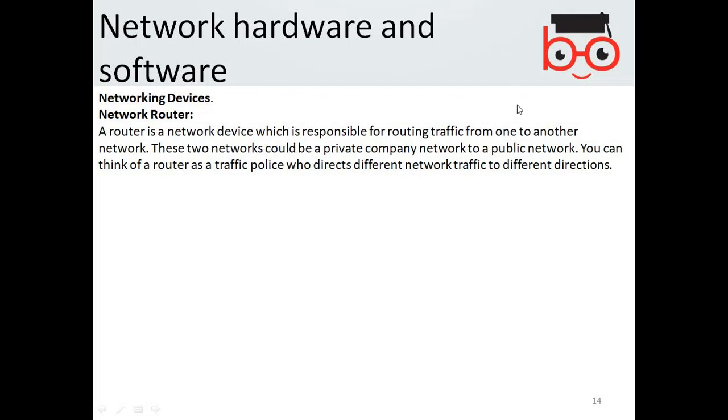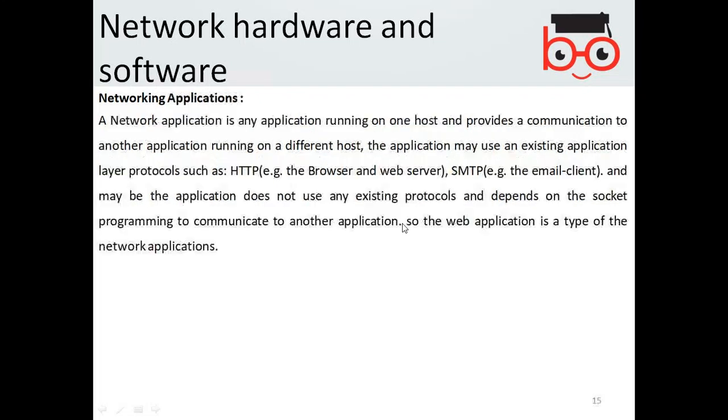Now, the network applications. A network application is any application running on one host that provides communication to another application running on a different host.